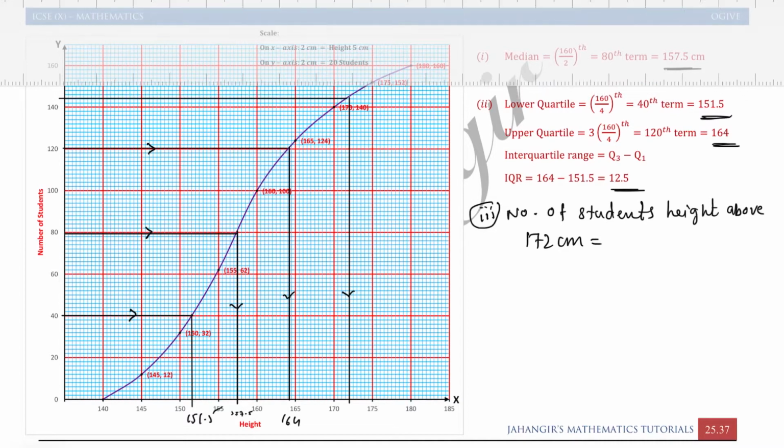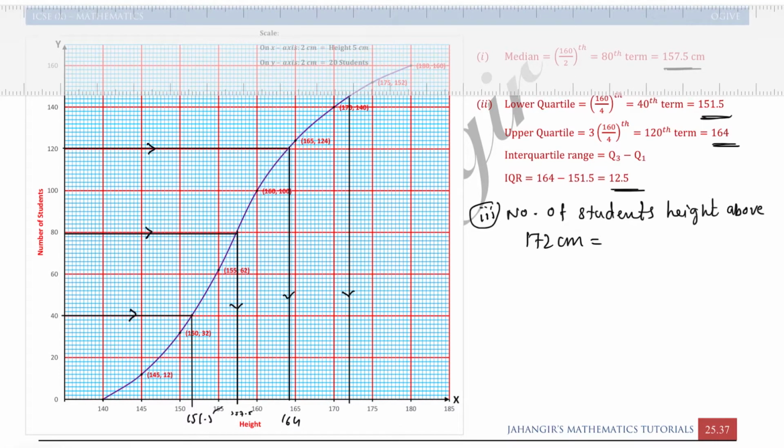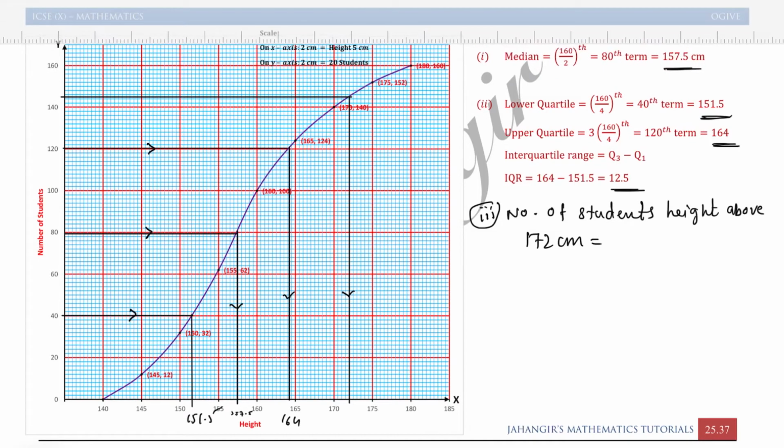You can see what I am getting. At the 172 reading, I am getting... one minute, yes, it is something. Now it is correct. So here I am getting the reading as 145. It's exactly between 144 and 146.